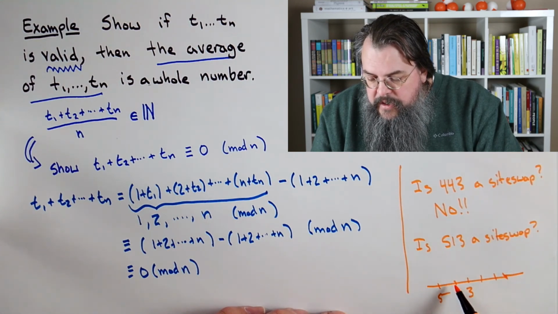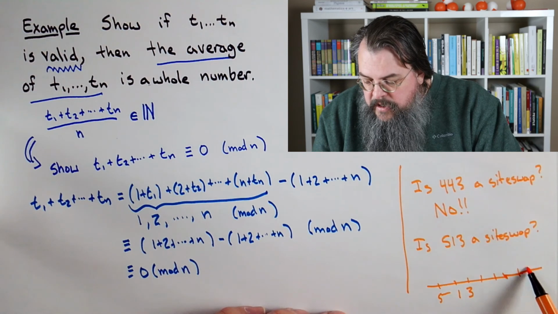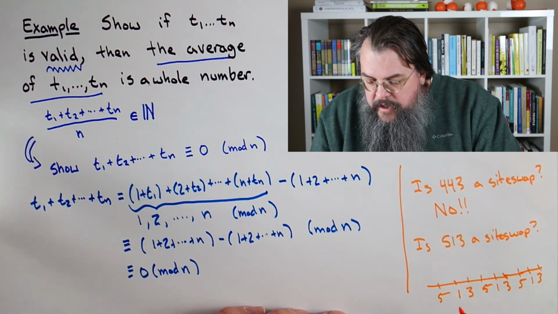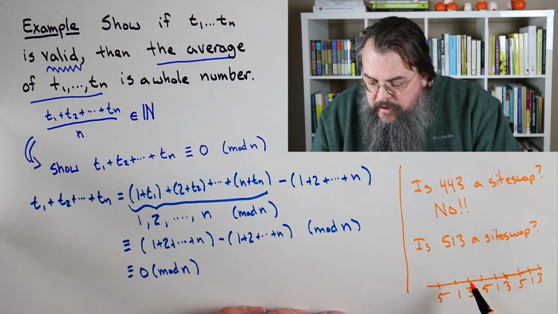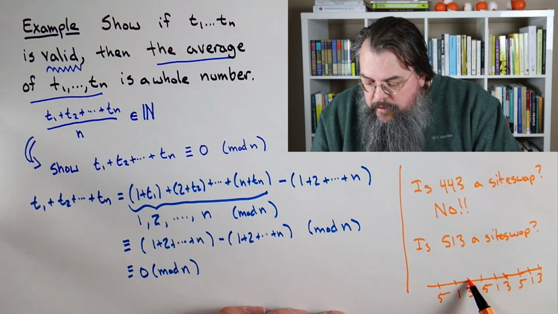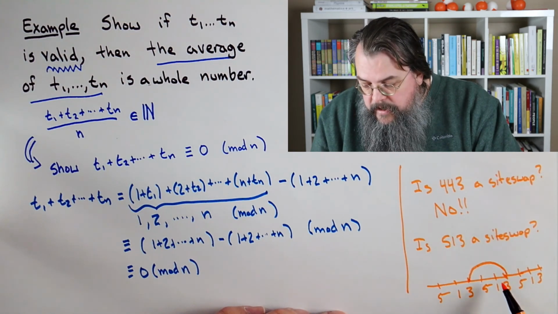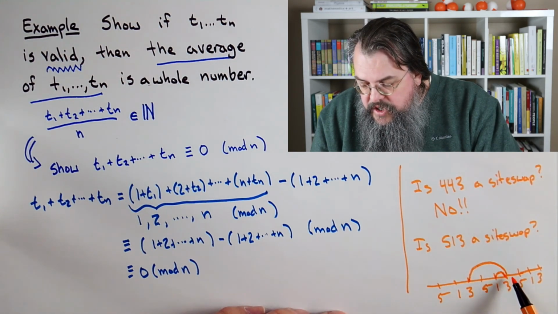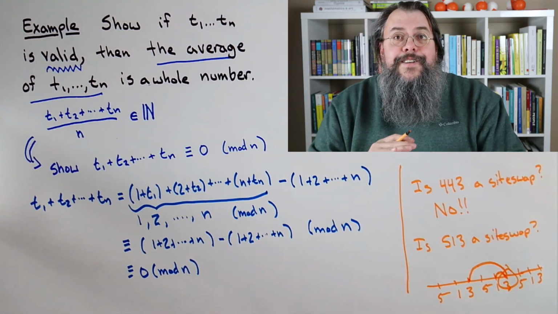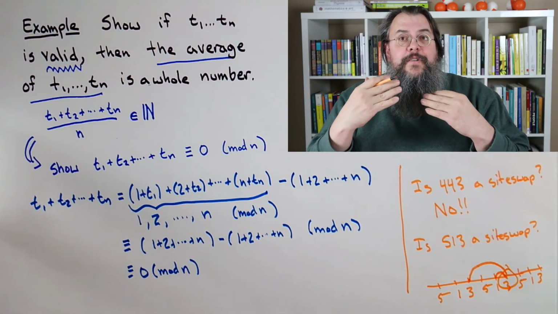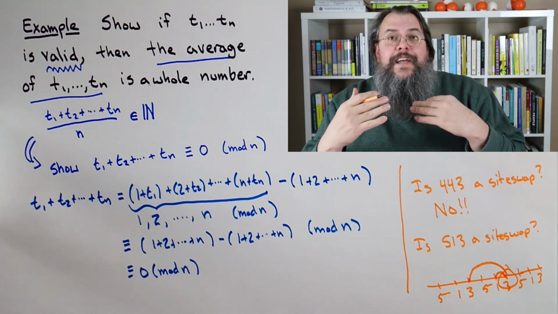Well, 5, 1, 3, 5, 1, 3. This will cause what? See, this 3 will land 3 beats in the future, and this 1 lands 1 beat in the future. Collision. So be careful. Remember, there's a difference between if and only if.